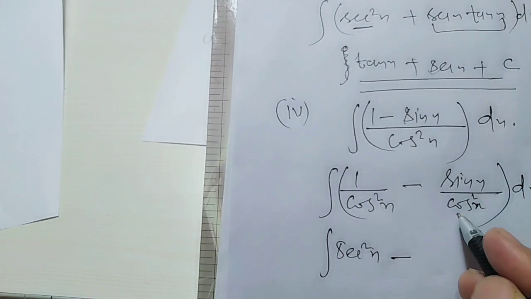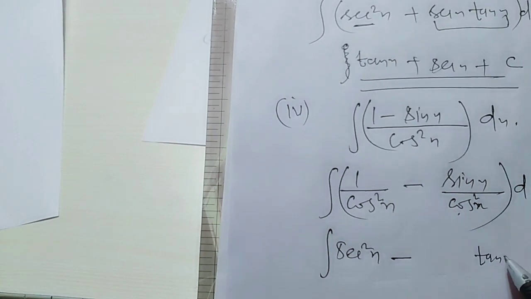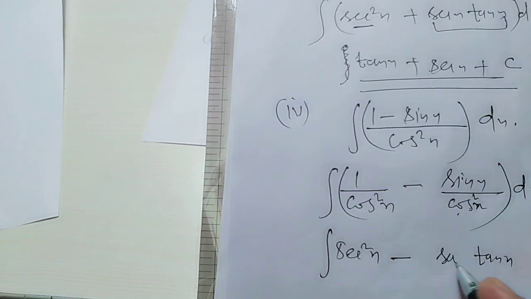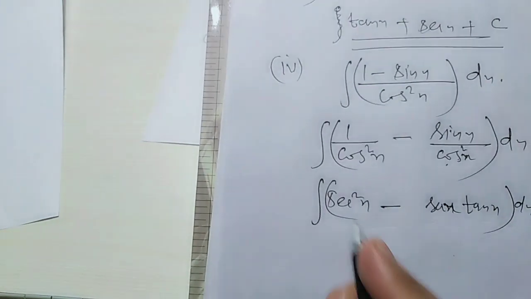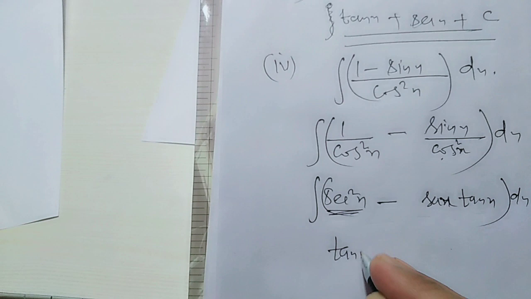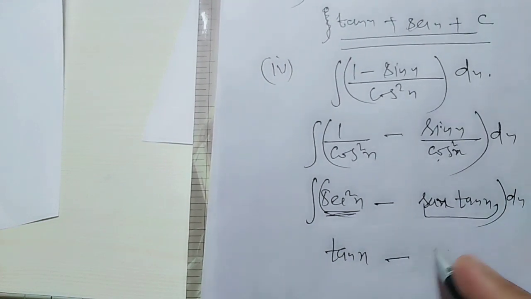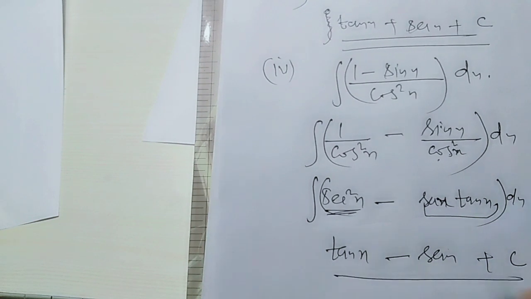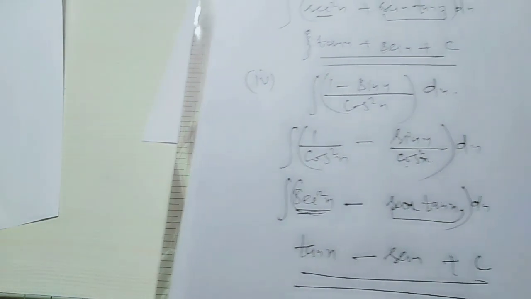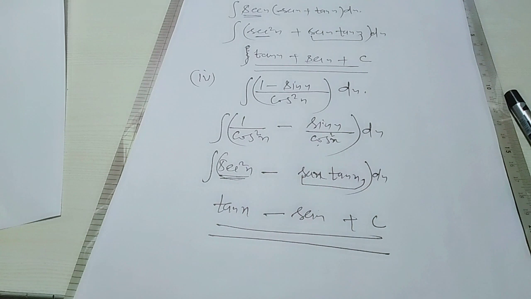Now sin upon cos will be written as tan x, and 1 upon cos can be written as sec x. So as above, integration of sec square x is tan x, and integration of sec x tan x is sec x, and plus c. So this way you can solve other questions. So keep watching my video. Thank you very much.